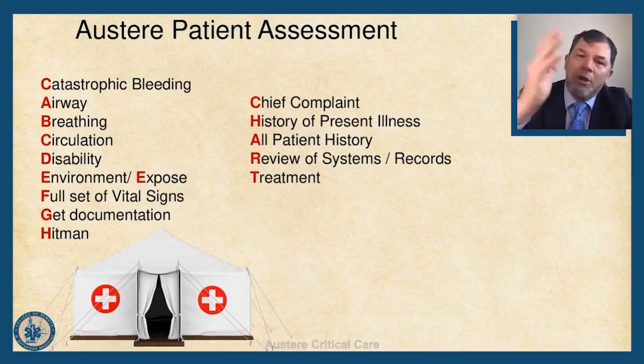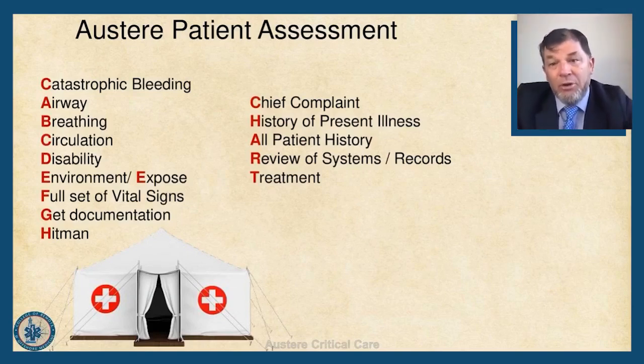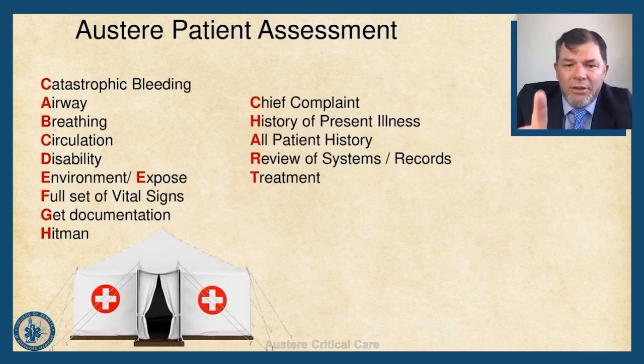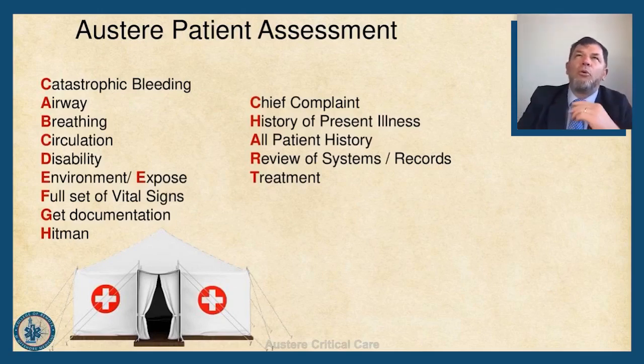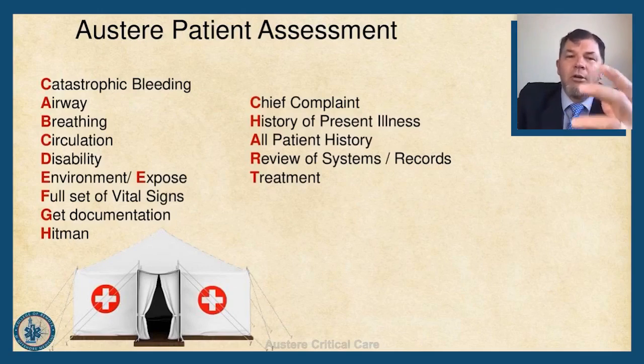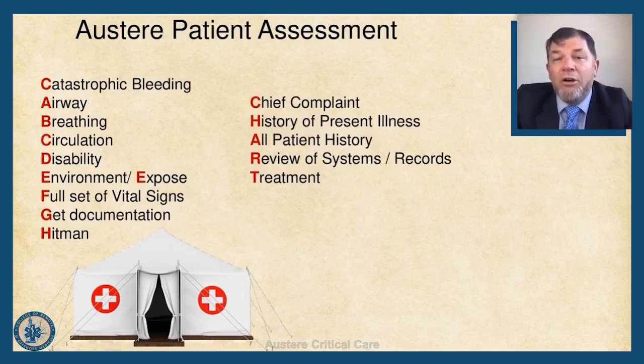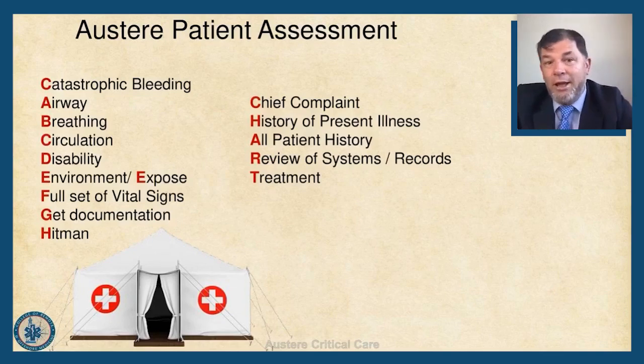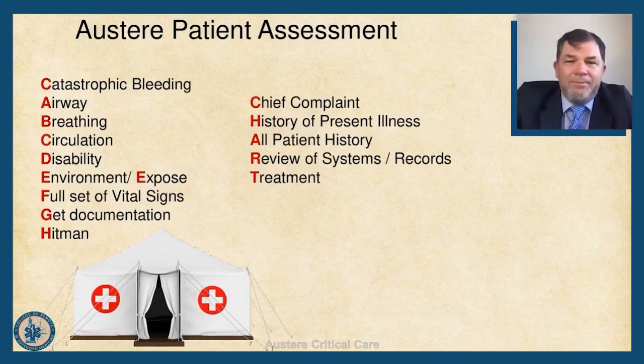And then we can roll over to the right side, which is our chart assessment or our clinic-based assessment that we'll talk about. So as a critical care practitioner in a hospital, you just do ABC, stop, and then roll over and start doing your review of systems and things like that. We can't do that pre-hospitally.